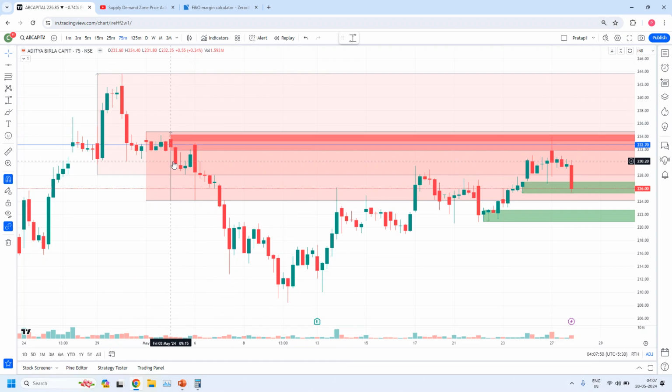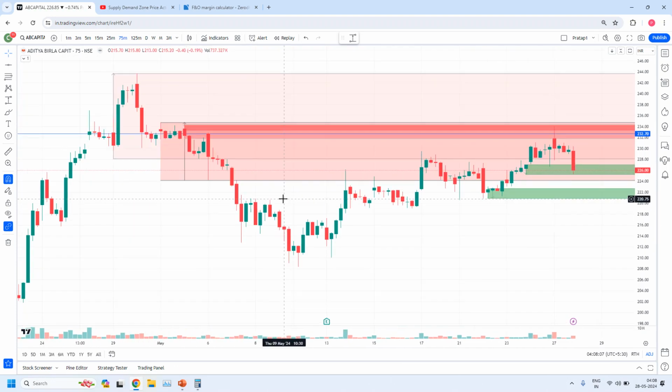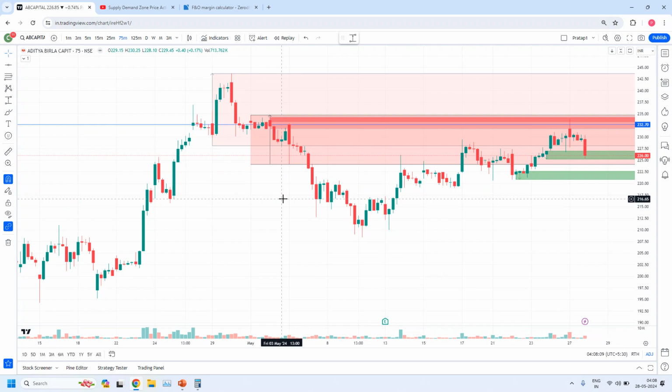But the only point you have to understand is that prices won't react very fast at weekly time frames or monthly time frames, unless some huge change happens in the market. So that's why the stocks near a weekly demand zone will definitely take some time to get into that zone.